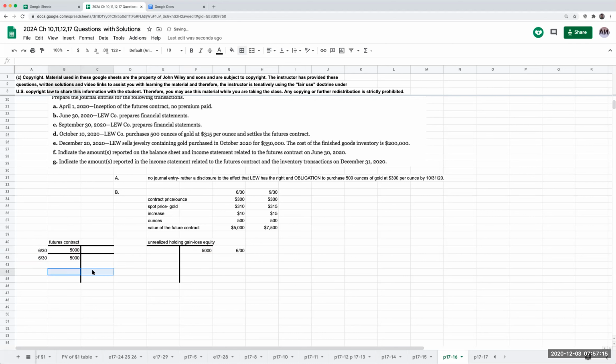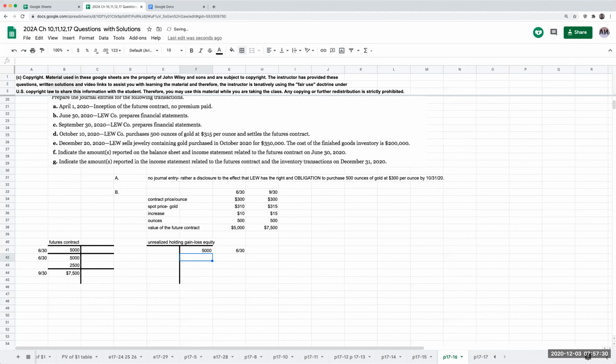Okay, when I get to September 30th, the value of this futures contract is now at 7,500. So the entry I need for the adjustment is going to be 2,500. So this is my adjustment.